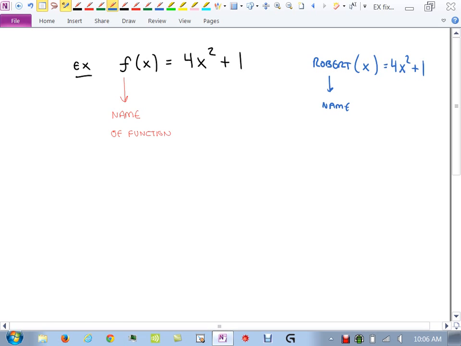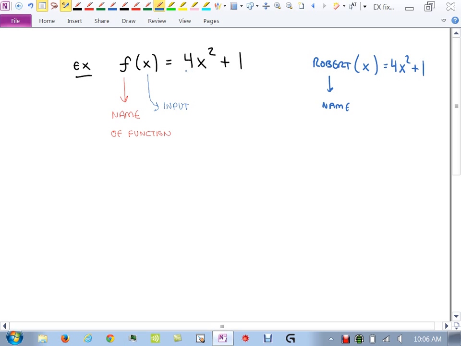Now, the set of parentheses around the X, that identifies the input. And right now, what we're saying is that in this function F, we are going to put in an X, okay?